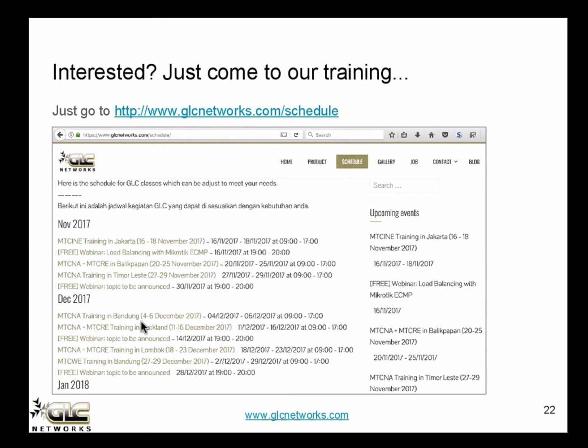So I really suggest, if you have Cisco CCNA, Mikrotik is different from Cisco. If you attend Cisco CCNA, Cisco will teach you the basic networking first: what is an IP address, what is subnetting, what is a broadcast address, how to get the broadcast address.